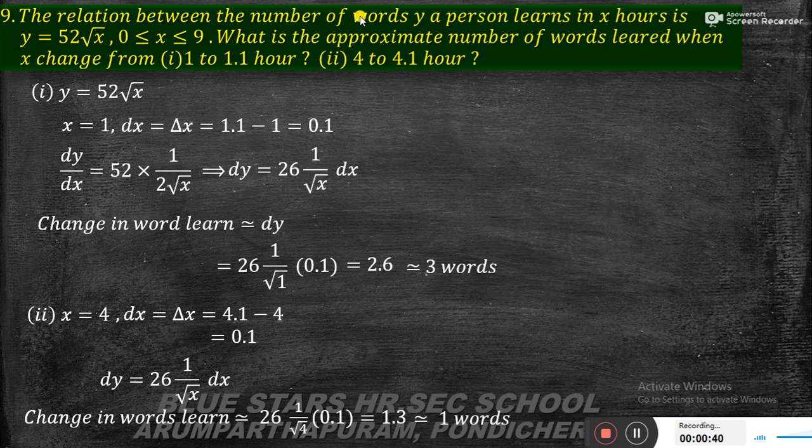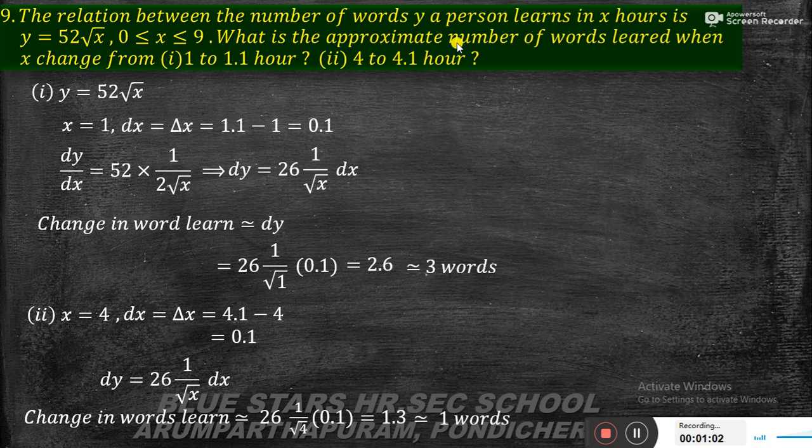The relation between the number of words y, the number of words a person learns in x hours, they give the equation. Y is the number of words, so they give the function y equal to 52 into root x. Next the interval is 0 less than or equal to x less than or equal to 9.